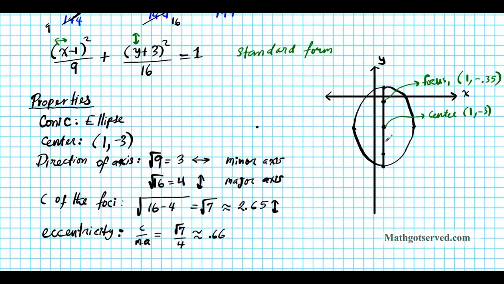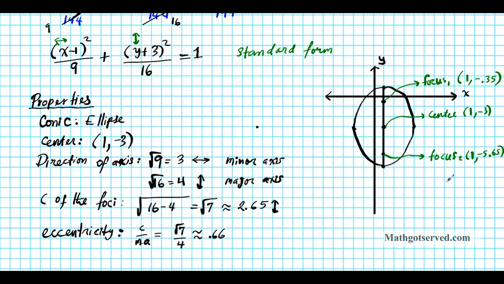All right, and then going down 1, 2, and then 0.65 gives you focus 2. Let's label that. Focus 2 is going to be 1 comma, subtract 2.65. Here you have negative 5.65.